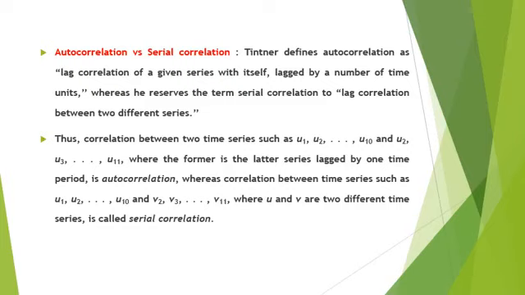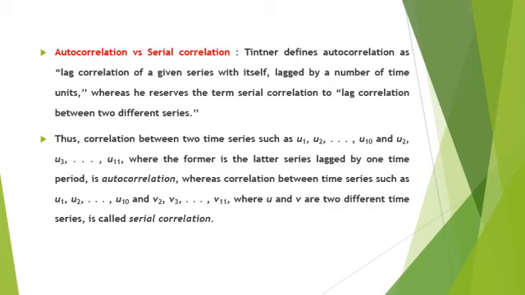Thus, correlation between two time series such as u1, u2, etc. to u10 and u2, u3, etc. to u11, that is, where the second series is the former series lagged by one time period, this is autocorrelation.